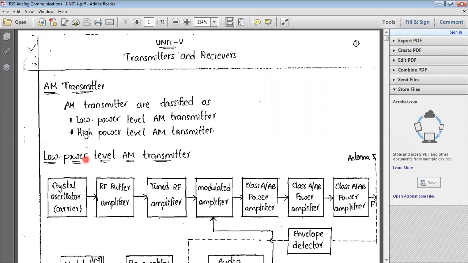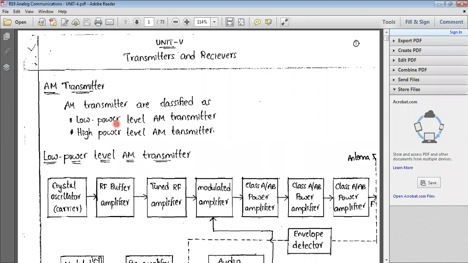So AM transmitters are classified into two types: low power level AM transmitter and high power level AM transmitter. What is meant by low power level transmitter? Already at the starting classes I told you the modulation is done in two ways: low level modulation and high level modulation.